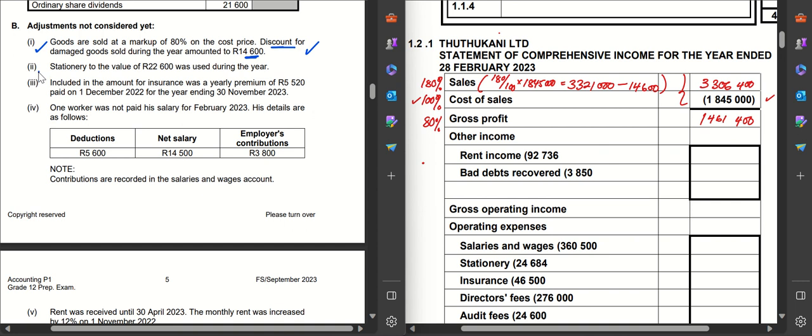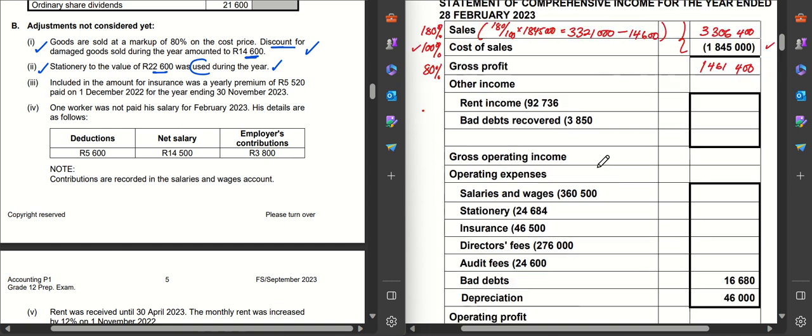Adjustment number 2 was a bit simple because it says stationery to the value of 22,600 was used. The key word in this adjustment was the word used. Whatever is used becomes our expense. So when we come to stationery here, we know that our expense in this final column has to be 22,600.